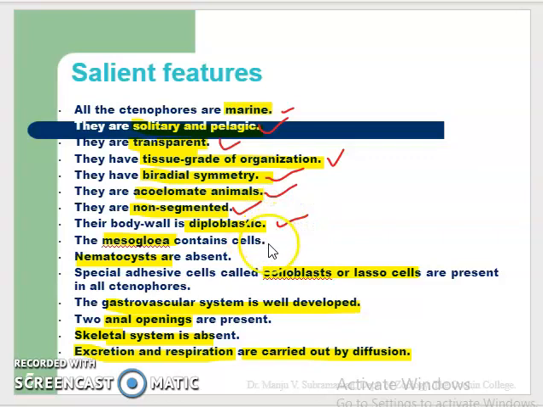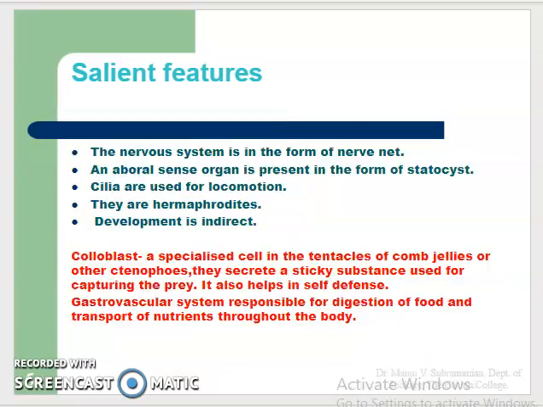Diploblastic, that is two germ layers. Mesoglea, the so-called mesoglea. Then there are the nematocysts, colloblasts, gastrovascular system. Then two anal openings are present. Skeletal system is absent, and excretion and respiration are mainly carried out by diffusion. So these are the salient features, and we will be continuing with the salient features.